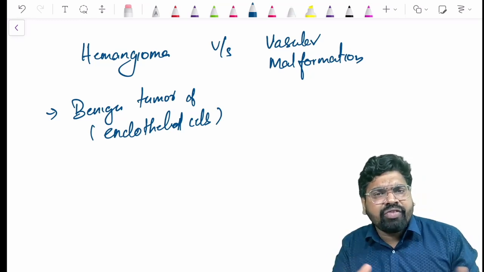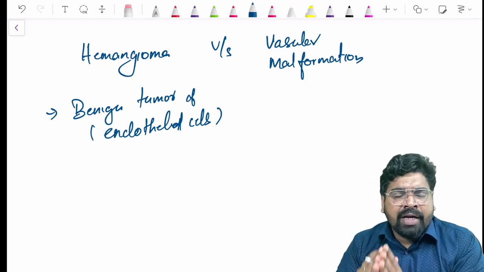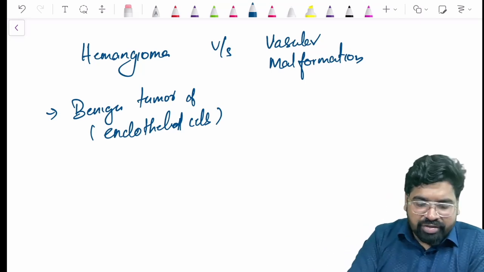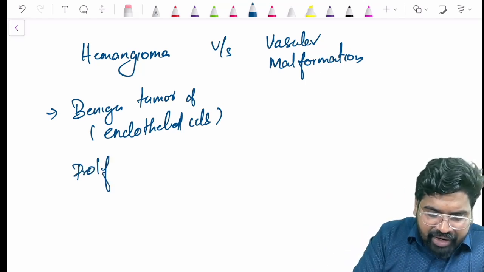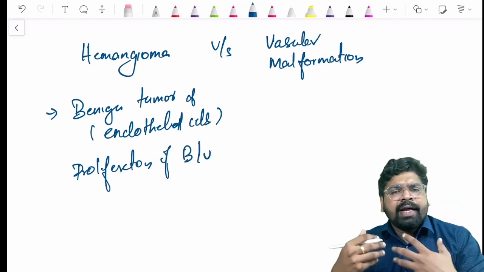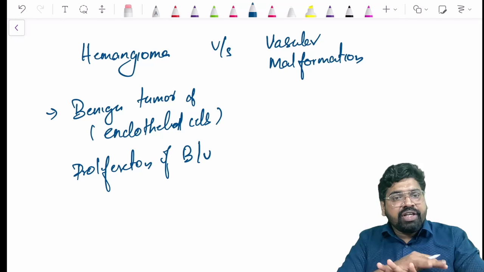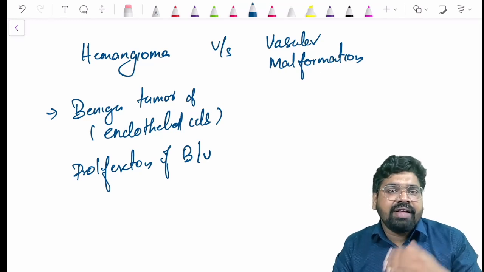Hemangioma is a true tumor of your endothelial cells, and in hemangioma there will be large proliferation of blood vessels. You see so much of endothelial cells, so many blood vessels along with sheets of endothelial cells. So that is hemangioma.